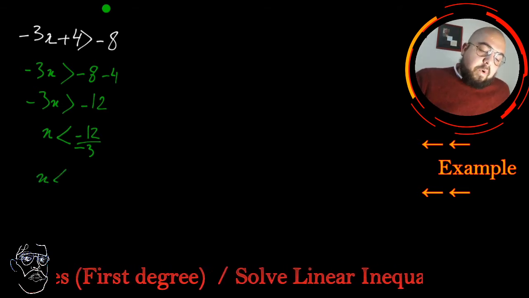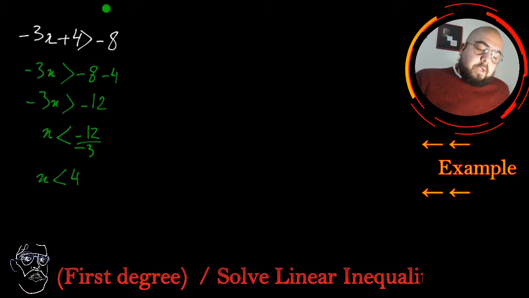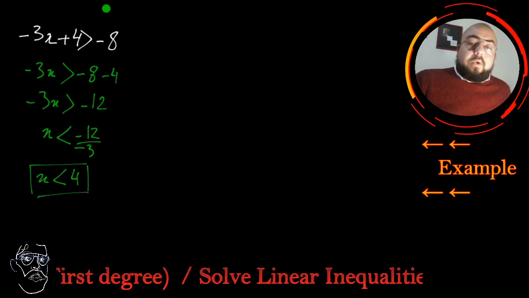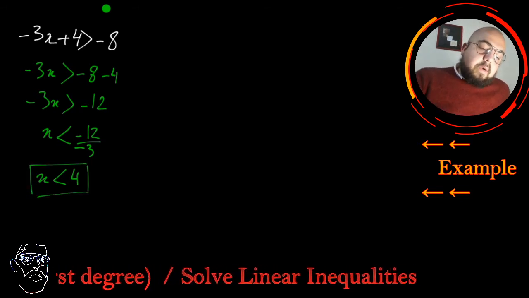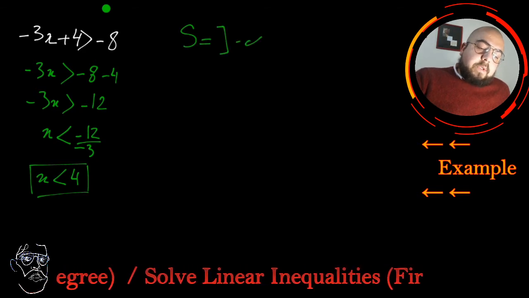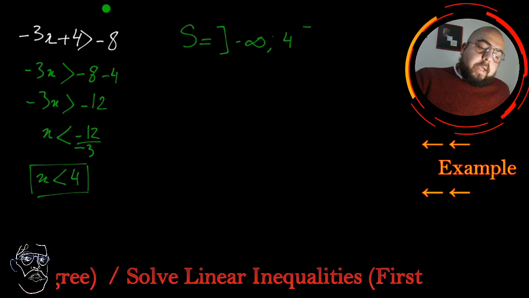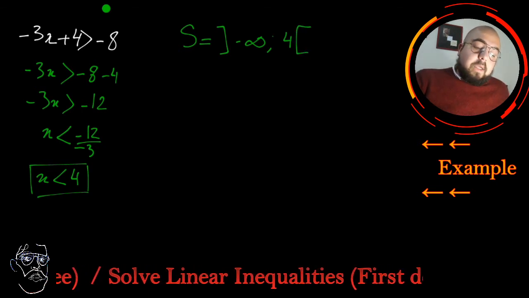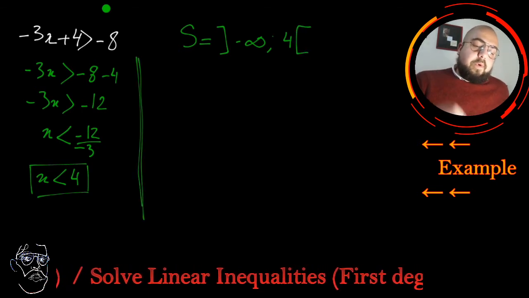So x is smaller than 4. So this is my solution. How do I write it down? S is equal to from minus infinity until 4, the brackets are open because it's strictly smaller than 4.